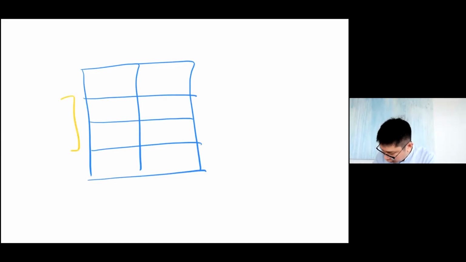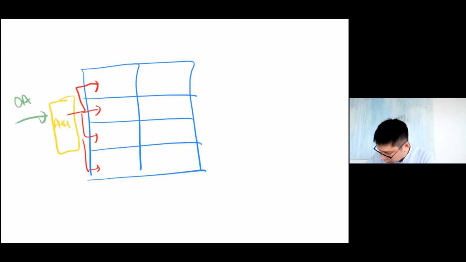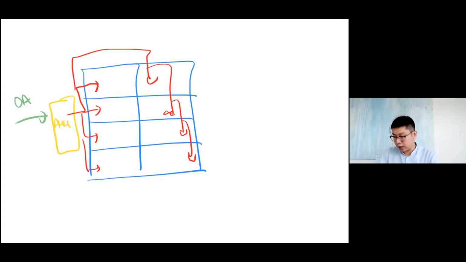So you have one AHU serving all these areas. You have OA coming in, and then you have air going into all these spaces. In this case, I have 8 zones served by one AHU, and OA going into this AHU, which means the outdoor air is mixed with the return air.